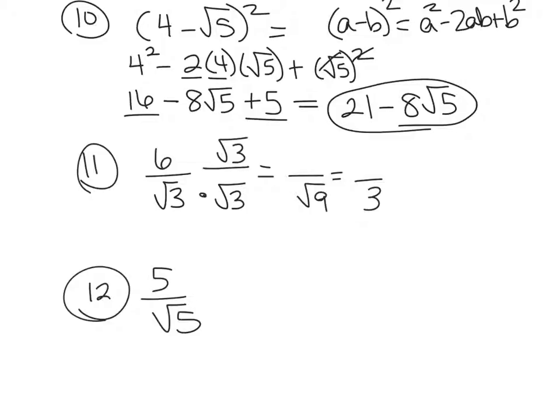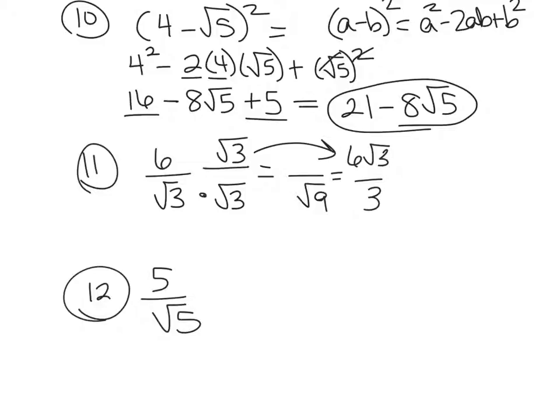So whatever you do to the bottom, you have to do to the top, because essentially you're just multiplying everything by 1, and anything by 1 is itself. So whatever we have here will equal the same thing we get, because we're just multiplying by 1. So here we have 6 root 3.